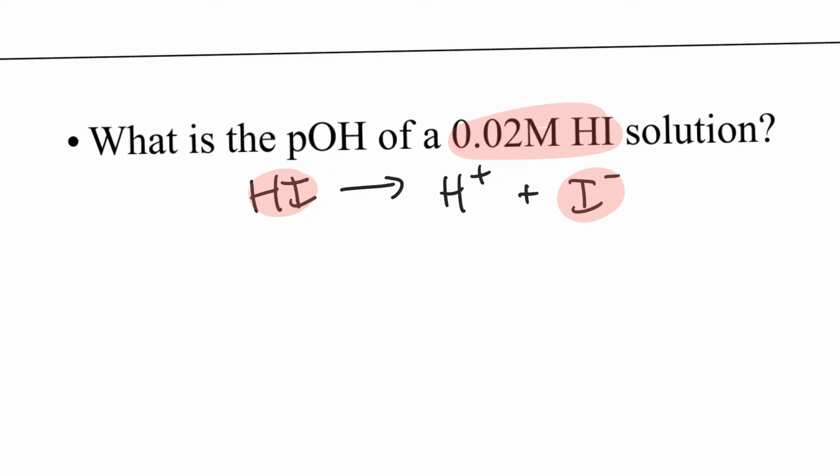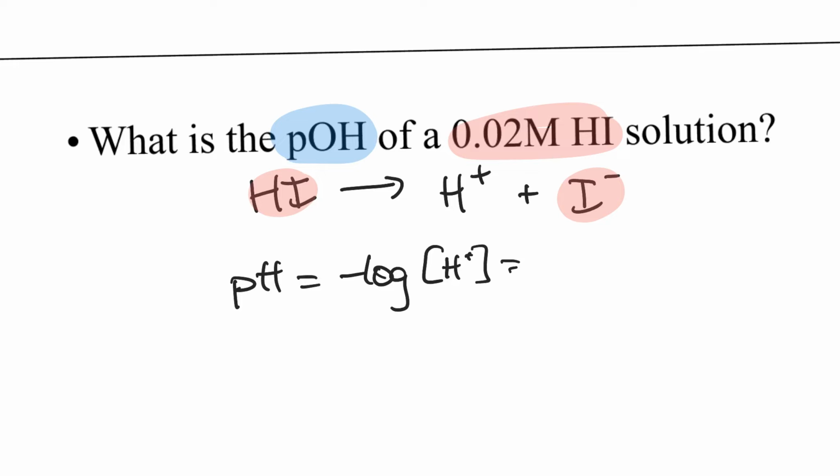Also, another thing that you should pick up is that it's asking for the pOH. All right, and so since this is an acid, it is a multi-step process to get from the concentration of an acid to the pOH of that substance. So the first thing that I could do is figure out what's the pH, because I know that's the negative log of the concentration of my acid.